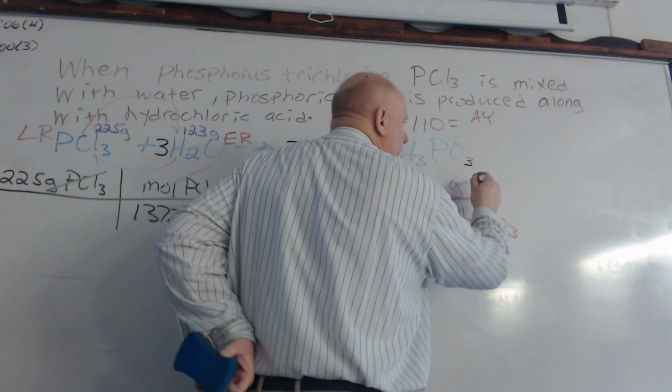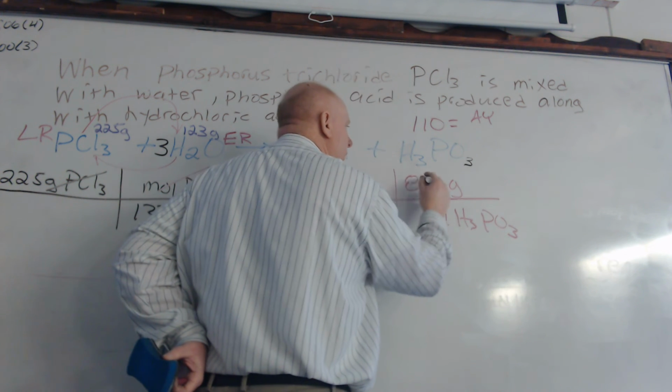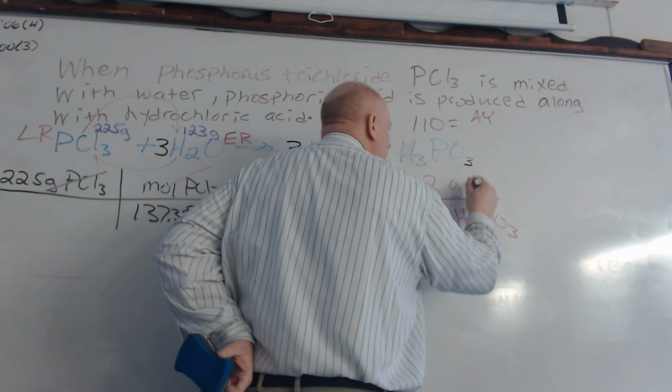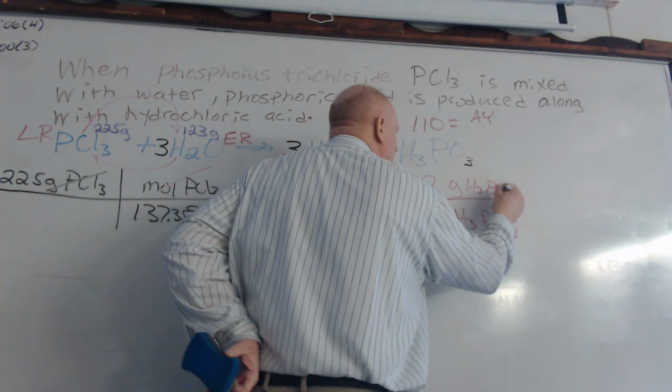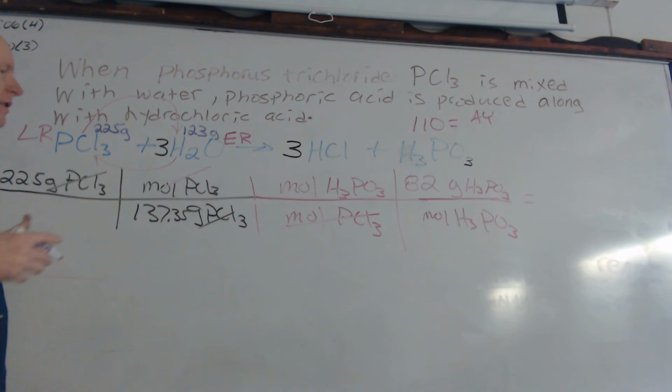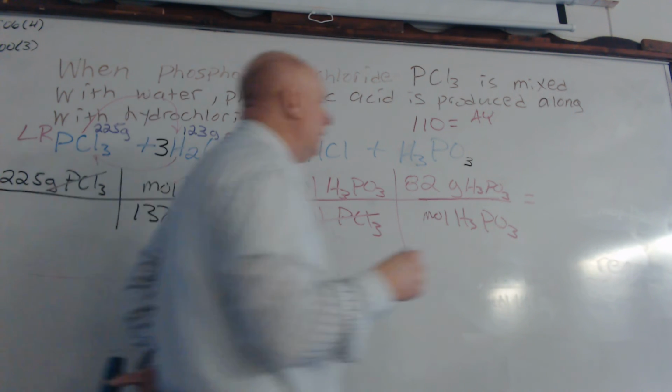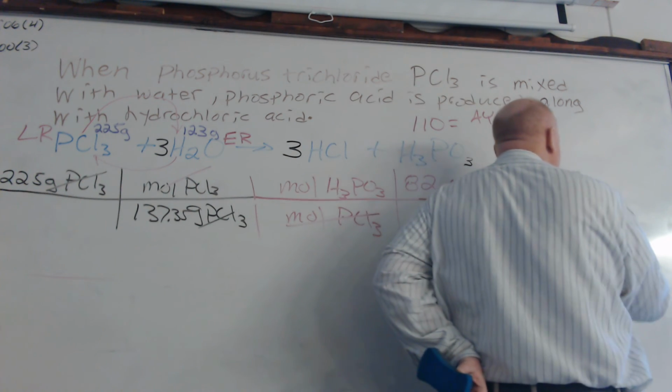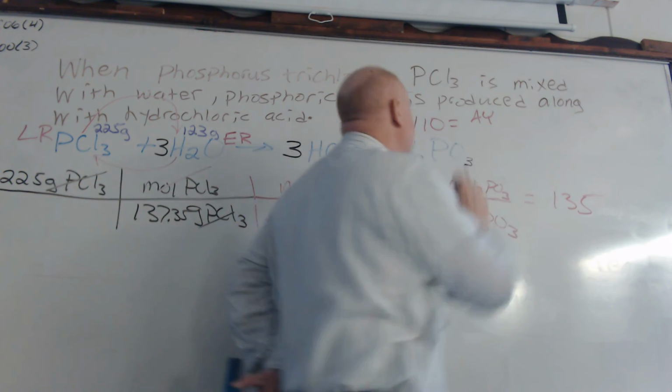How many grams? 82. So this mass to mass calculation gives us how many grams? 135.21. Okay. I'm just going to stop with that since we have 110.